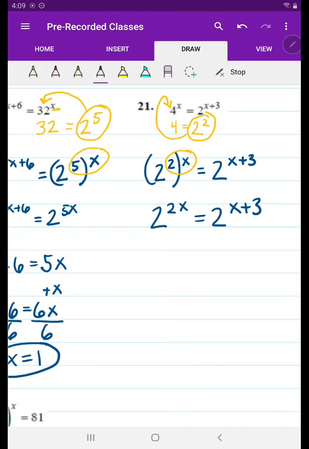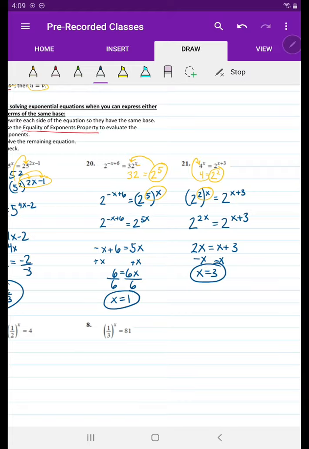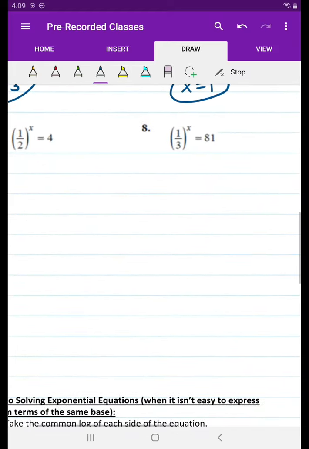So we have the same base on each side. We can get rid of our bases, and now we have 2x equals x plus 3. And so we can solve this, subtract x, and so I have x is 3, and that's my answer, and I'm all done.